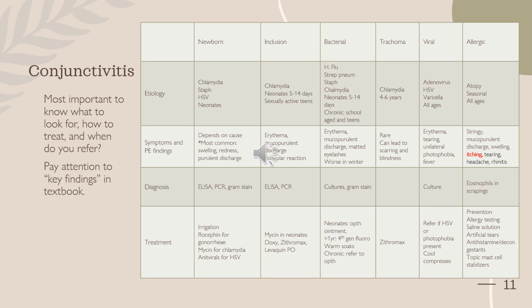That's what you need. Mild cases, just something for the dry eyes, artificial tears. An antihistamine decongestant is more effective than using just an antihistamine or a decongestant, but that would help. Okay. Topical allergic medications such as the cromolyn sodium or some of the others, but that's going to be allergy medications more than anything.